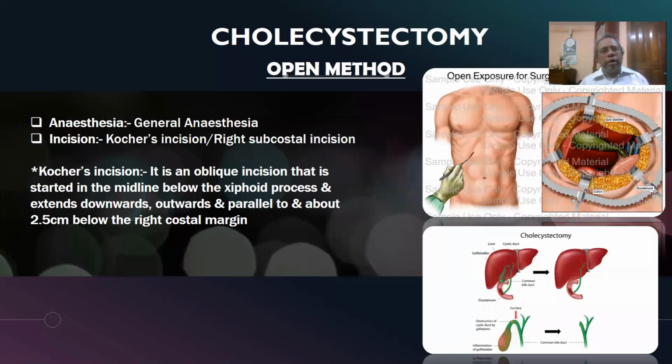So the anesthesia, sometimes asked in the exam: what anesthesia is given for cholecystectomy? The answer is general anesthesia, that means general anesthesia with endotracheal intubation.